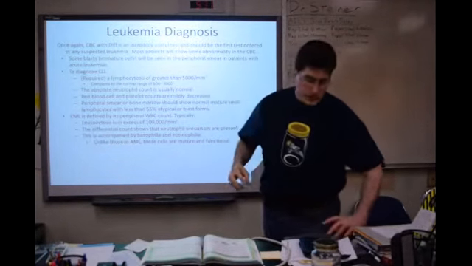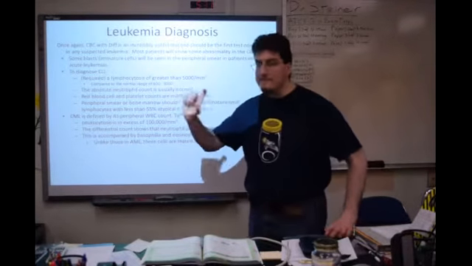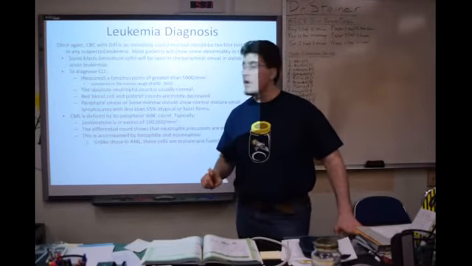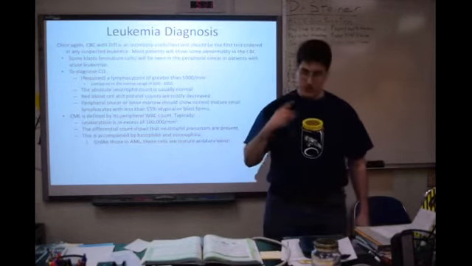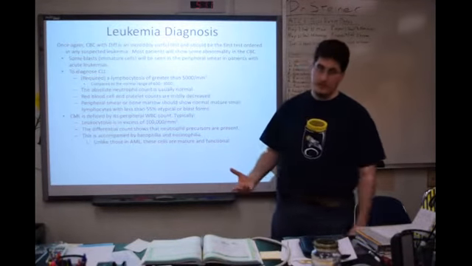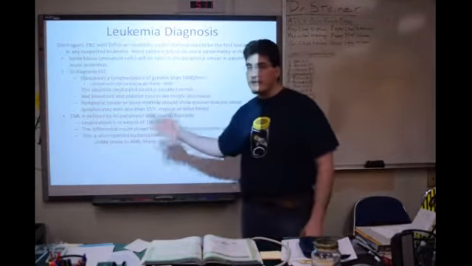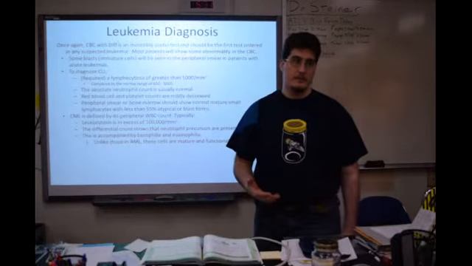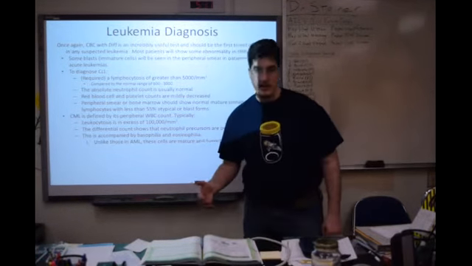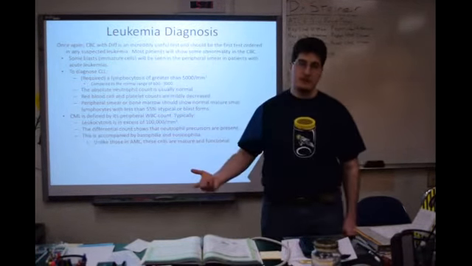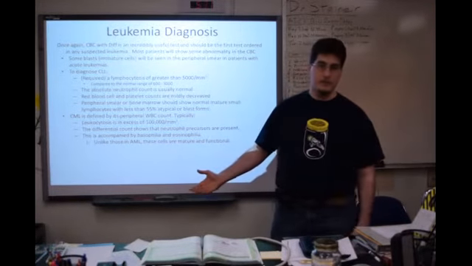Your absolute neutrophil count in a chronic lymphocytic leukemia will be normal, usually. It will be typically normal. And neutrophils are not lymphoid progenitor. They do not have a lymphoid progenitor. They come from a myeloid progenitor, so of course they'll be normal.